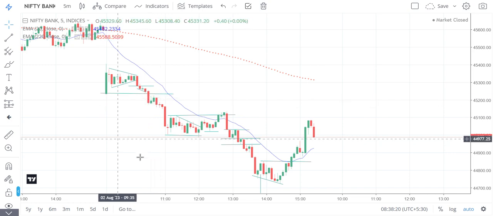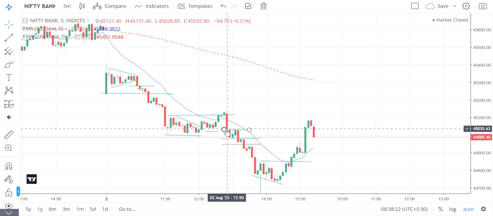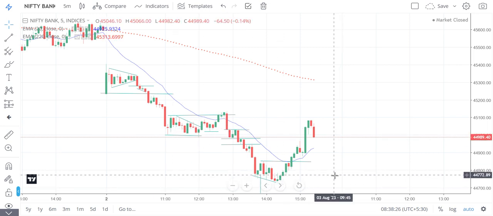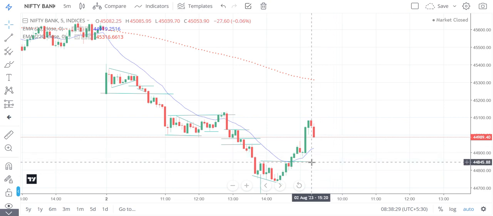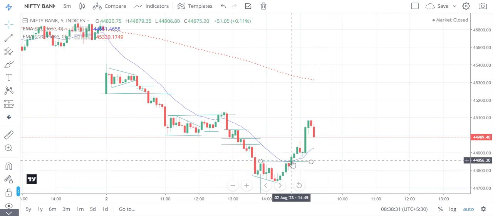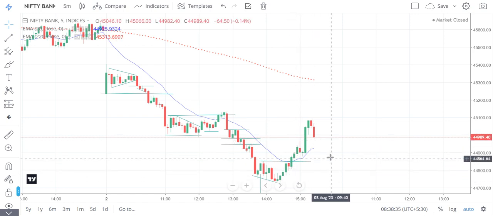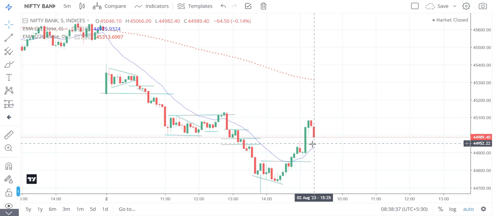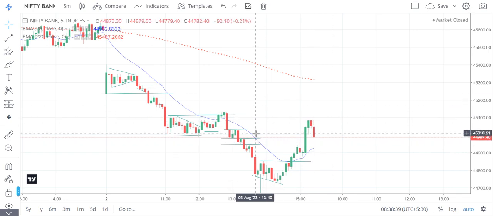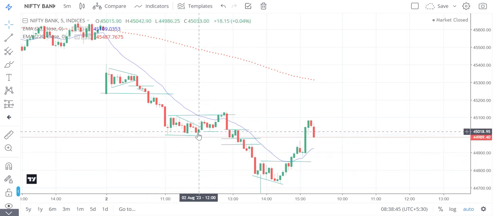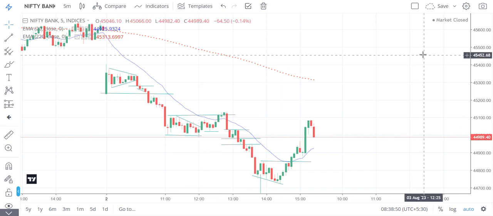So first entry, then second entry, third, then fourth, then fifth, if the market is breaking to the upside. So these are the 5 entries which are reasonable. Now can I sell here? Can I buy here? This is not a decent buy signal bar, so I would not buy.